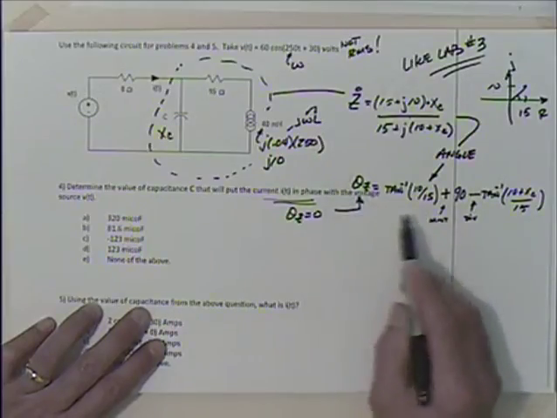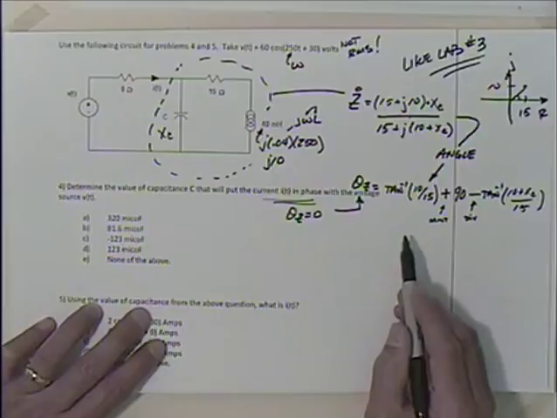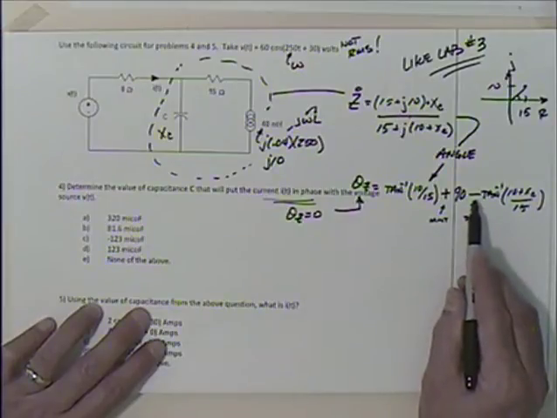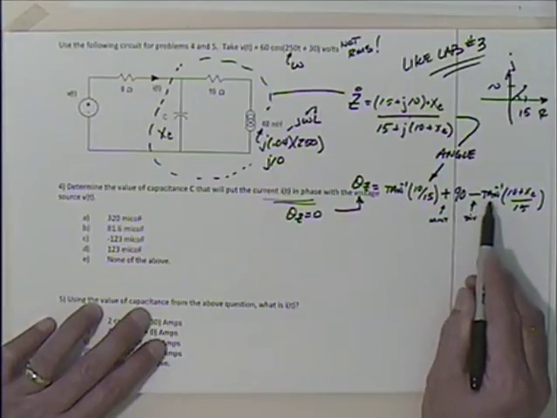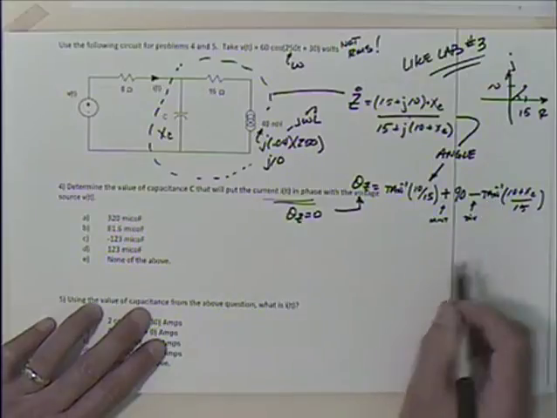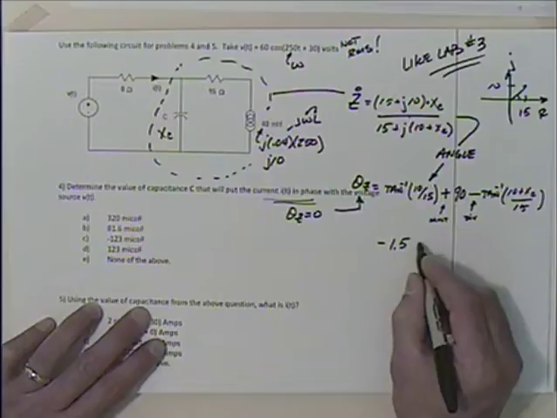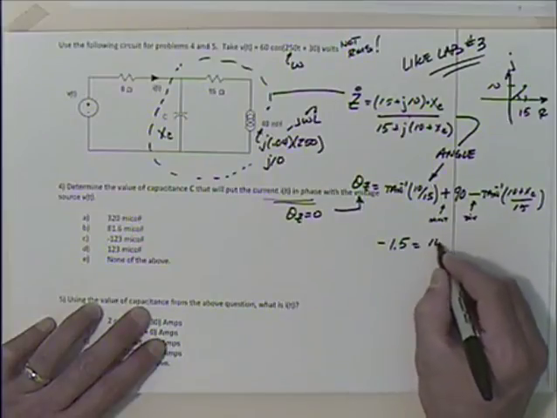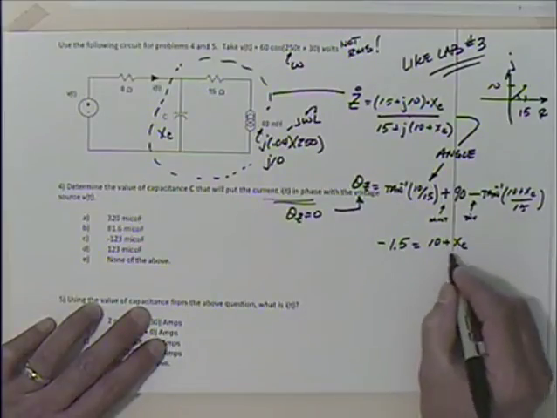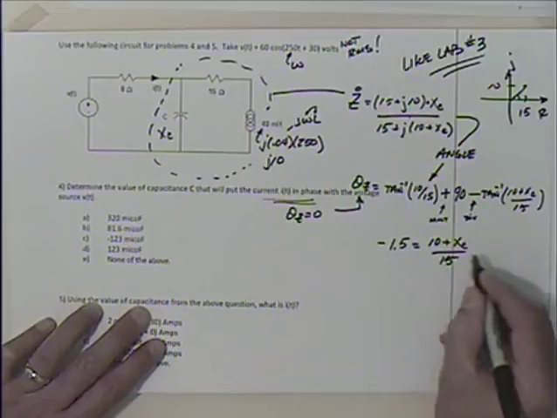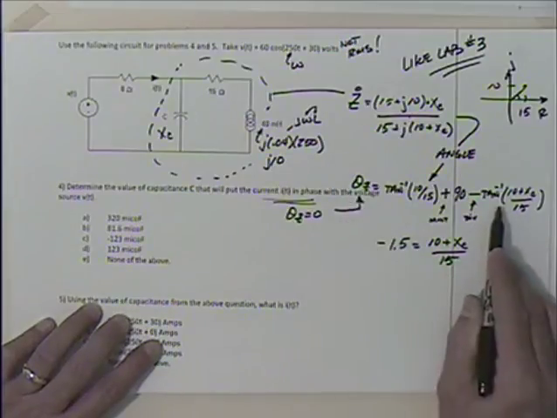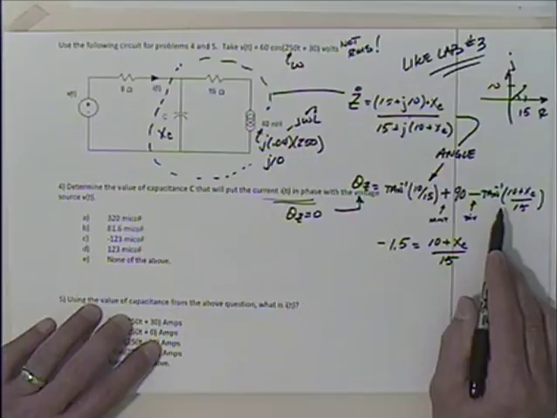You could subtract it to the other side, multiply both sides by minus 1, and then take the tangent of both sides. So you'd end up with minus 1.5 is equal to 10 plus X sub C divided by 15. And that's just setting this equal to 0 and solving this equation.